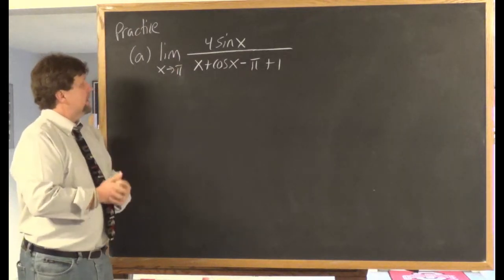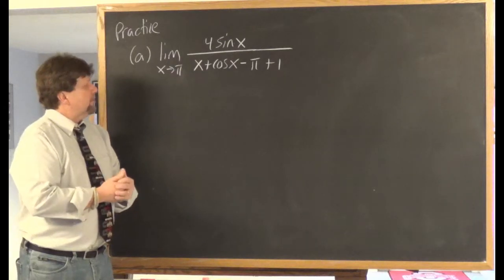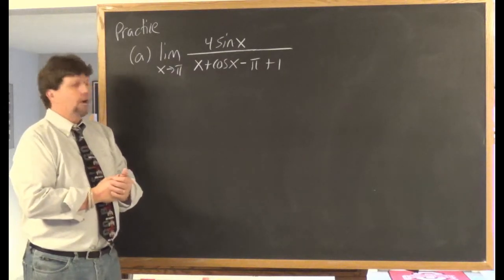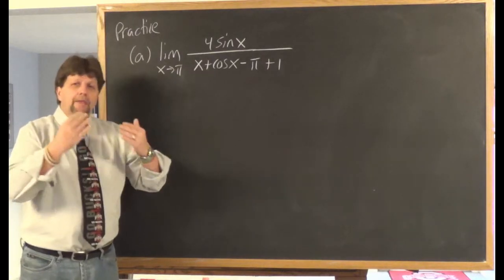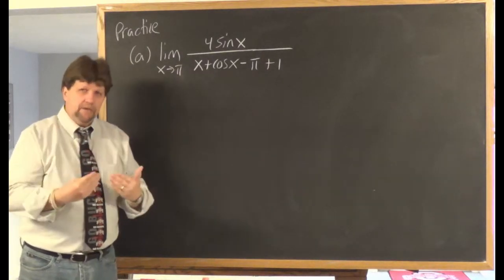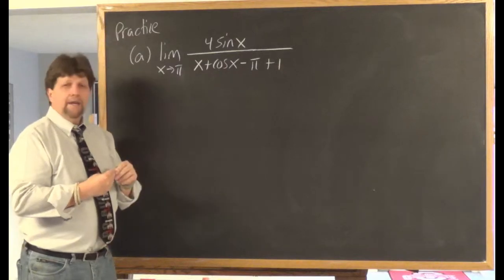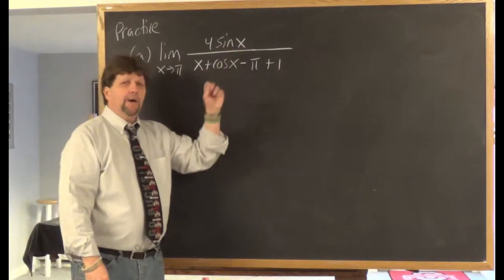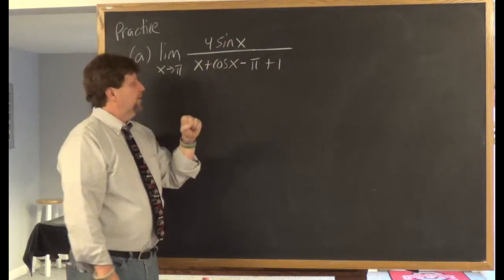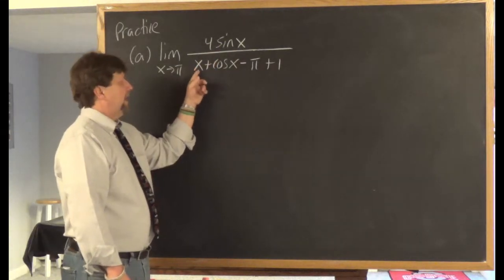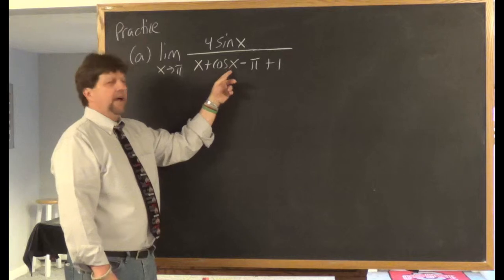The first one was the limit as x approaches pi of 4 sine x over x plus cosine x minus pi plus 1. The first thing I try is substitution. So I put pi in for x. Sine of pi is 0, so my numerator is 0. The denominator is pi plus cosine pi.